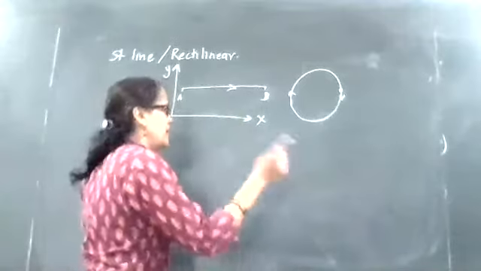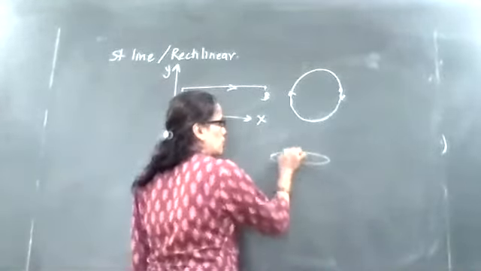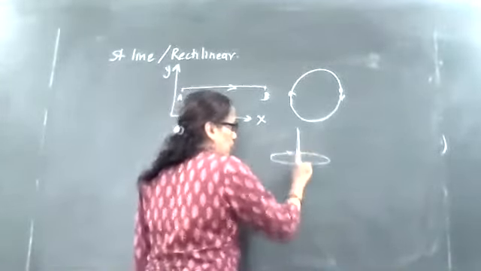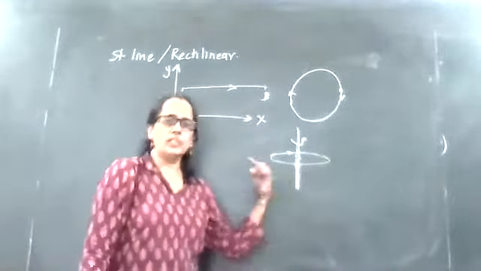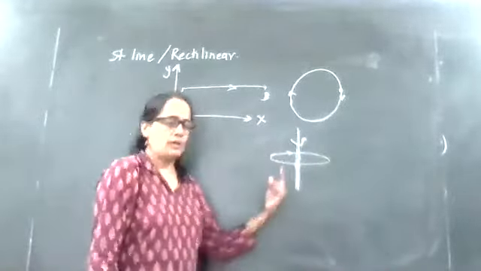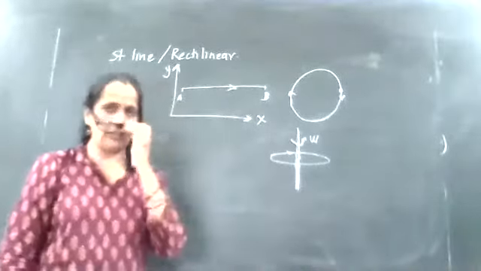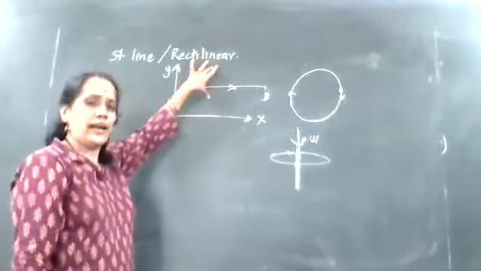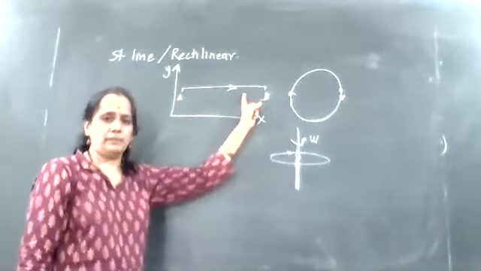Then, in your 12th standard first chapter, you have seen one more type of motion, called rotational motion, in which a particle performs rotational motion about an axis with a constant angular velocity. So these three types of motion you have already seen. First, straight line or rectilinear motion, in which the particle travels along a straight line.